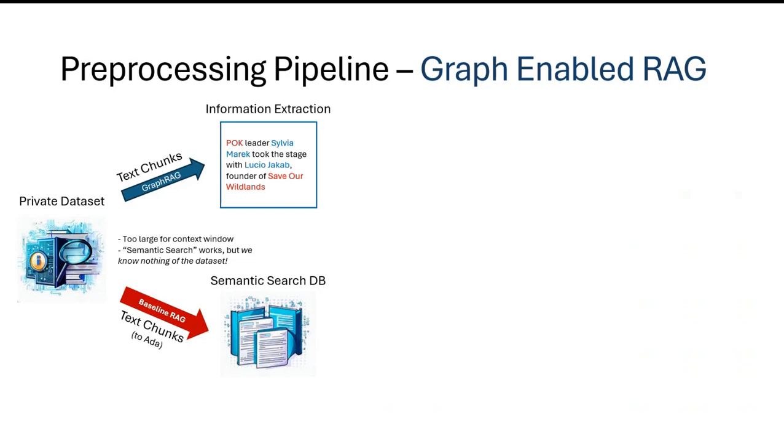In this example, there is a leader, Sylvia Marek, and a CEO, Lucid Jacob. So you understand how these two are the main entities of this conversation and what the relationship between them is. You understand the entire context of the data set and then create a graph out of it.